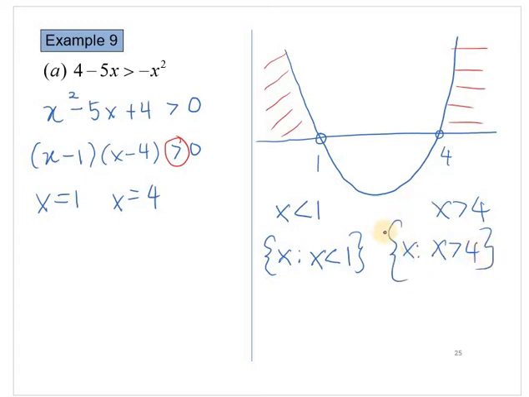Since we have two separate answers, we must put a union here. This is the solution set. For interval form, it will be negative infinity to 1, union with 4 to infinity. So you can just leave your answer in either of these two forms.